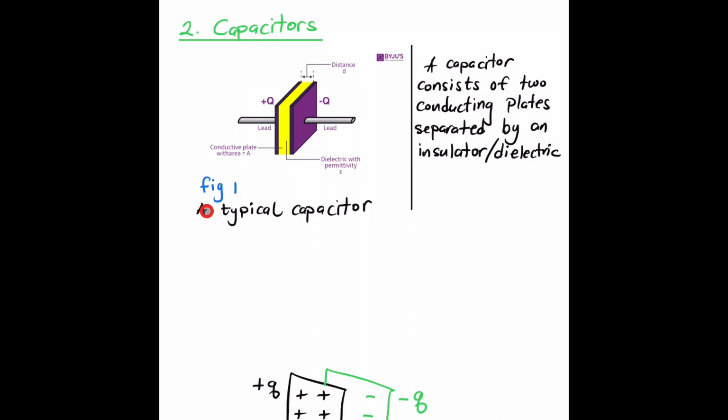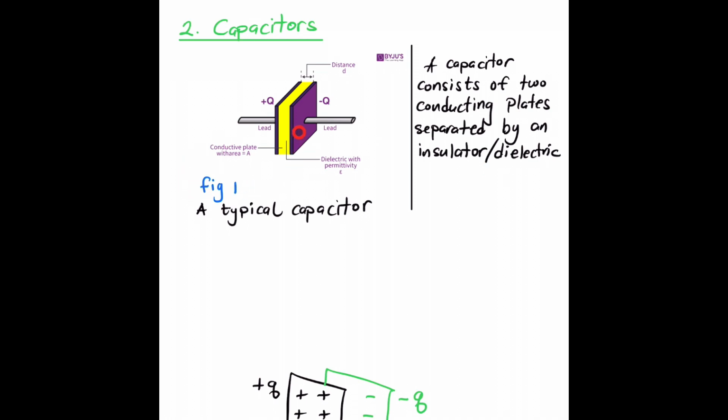Figure 1 is a typical capacitor. This is a parallel plate capacitor. It consists of two conducting plates separated by an insulator or dielectric material.